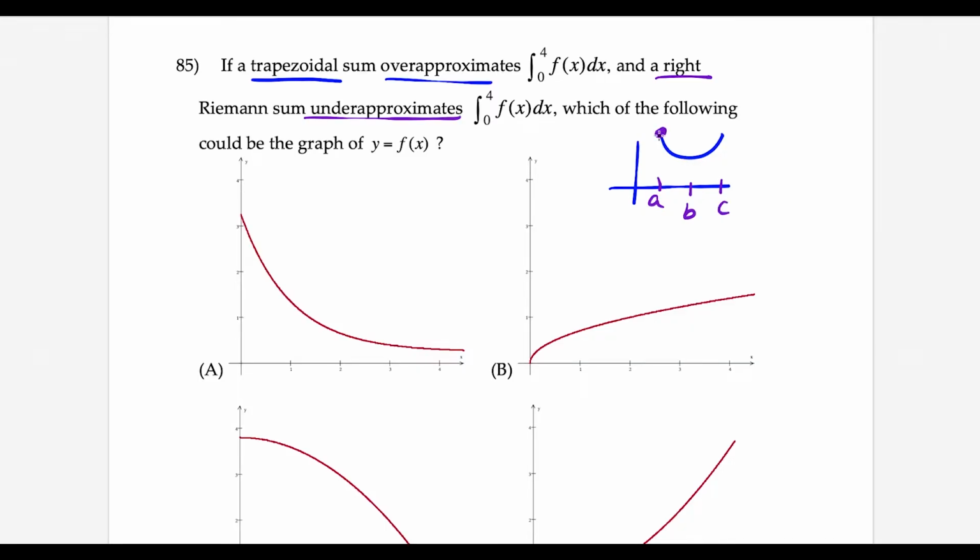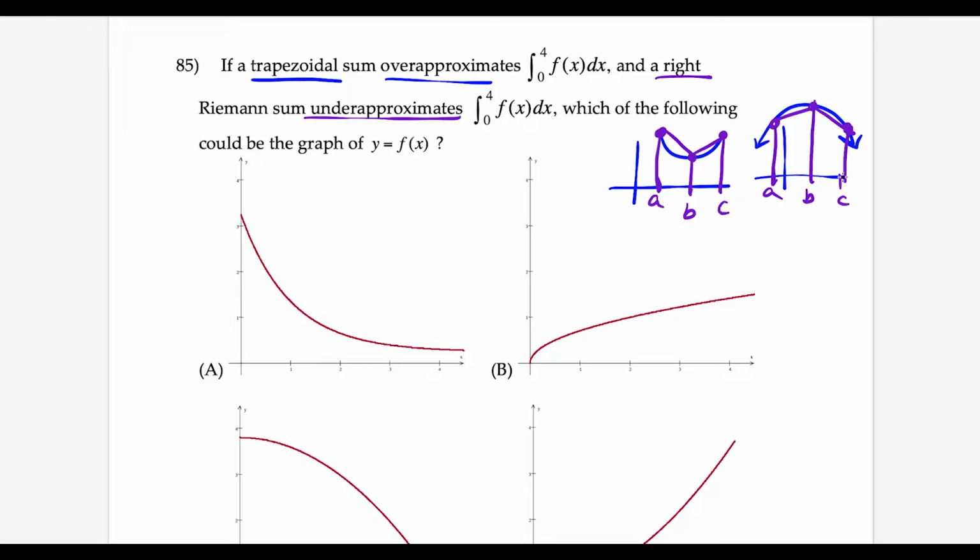When I draw a trapezoid connecting these two points, it doesn't matter if my curve is decreasing or increasing. The trapezoids that I build are going to over approximate. I just happened to draw concave up first, but if I had drawn something concave down, something frowning at us, and repeated this process, let's say A is over here, B is over here, and C is over here, when I connect these points to make my trapezoids on a concave down curve, increasing or decreasing does not matter.